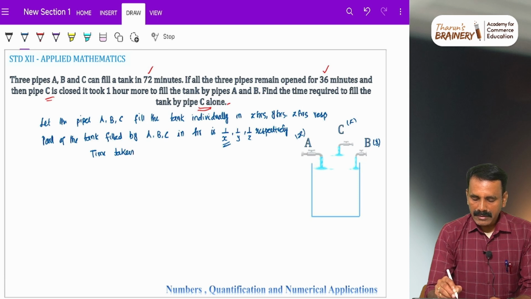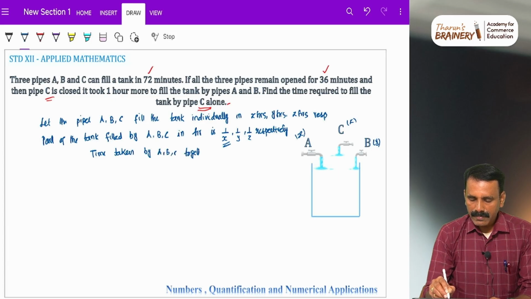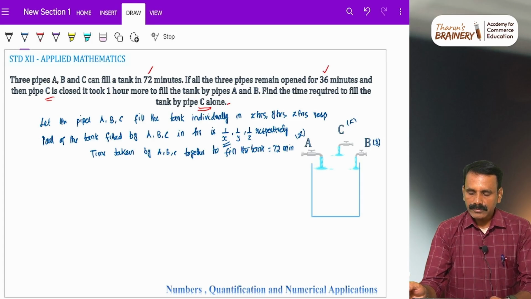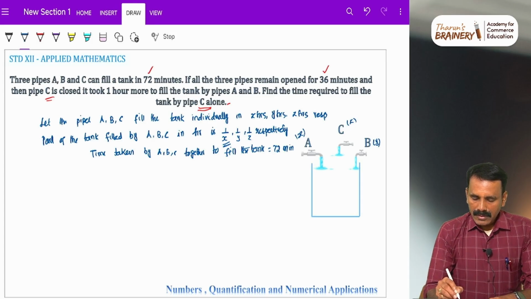So the time taken by A, B and C together to fill the tank is 72 minutes. So, 72 minutes into 1 by x plus.